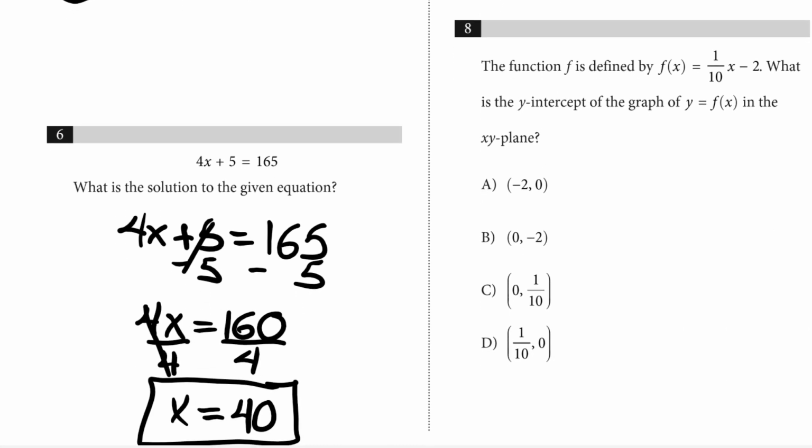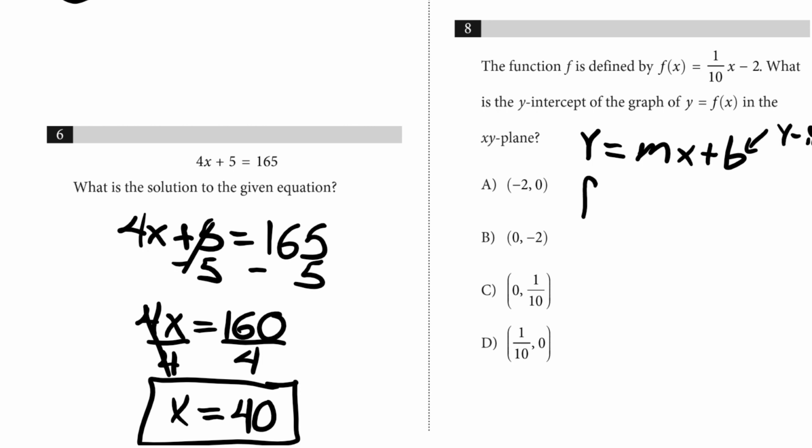The function f is defined by f of x equals 1 over 10 times x minus 2. What is the y-intercept of the graph of y equals f of x in the xy plane? We know that when we have a linear equation, it comes in the form y equals mx plus b, where b is our y-intercept.